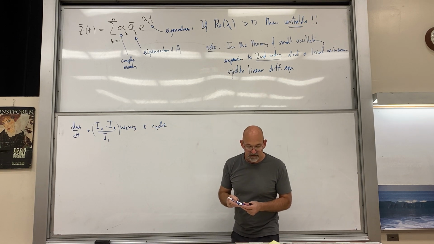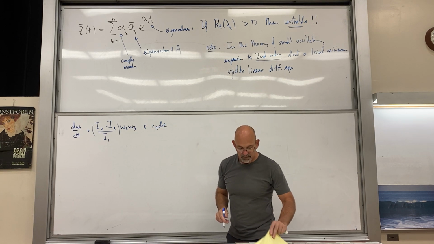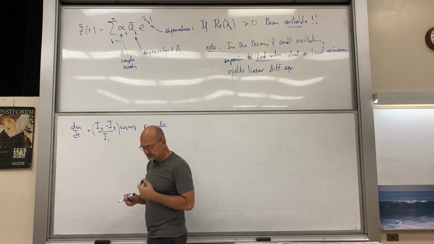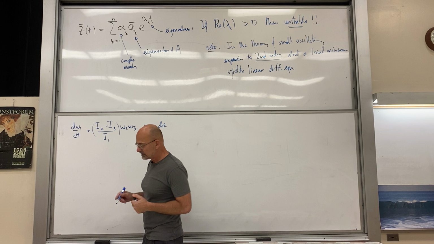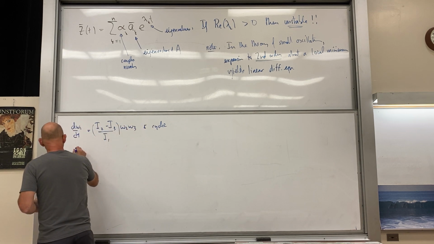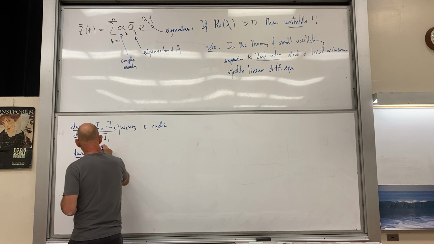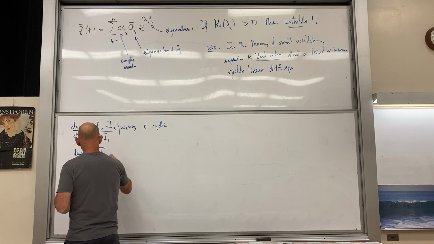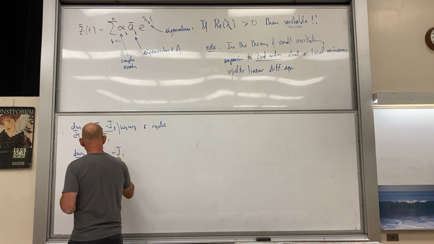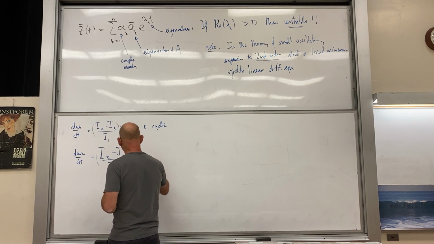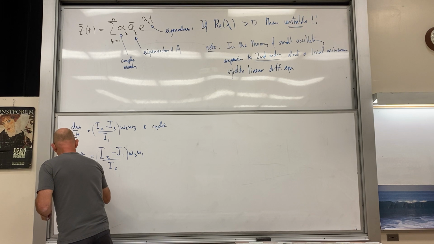I write them all down. d omega 2 dt. We're going to want to simplify this, of course. I3 minus I1 over I2, omega 3 omega 1.